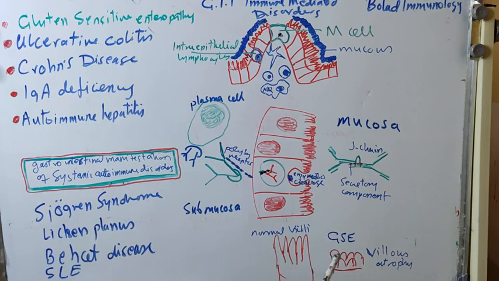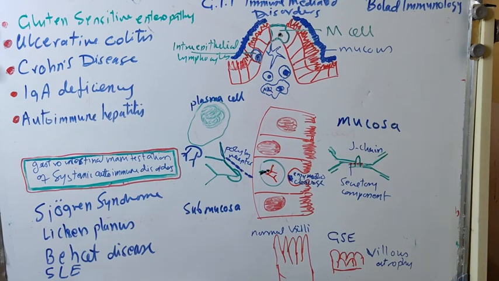And this secretory IgA plays a very crucial role, as it protects the mucous membrane from the infecting microorganisms, and also protects microbiota. Microbiota is a commensal and good bacteria.